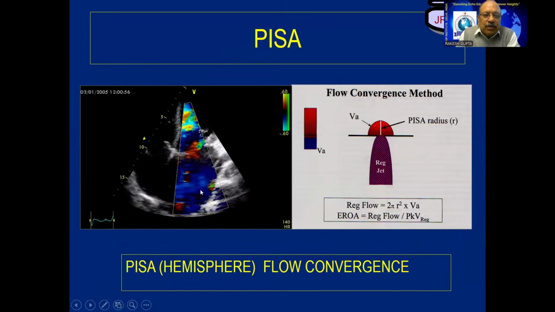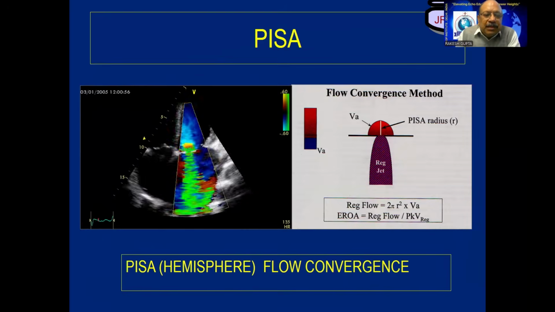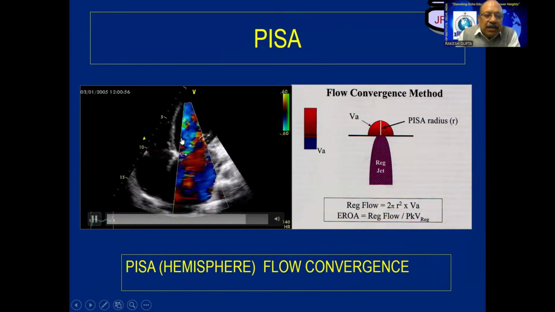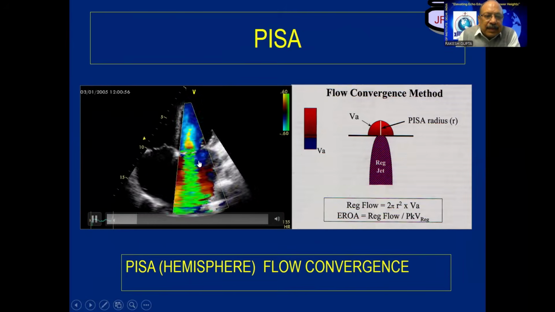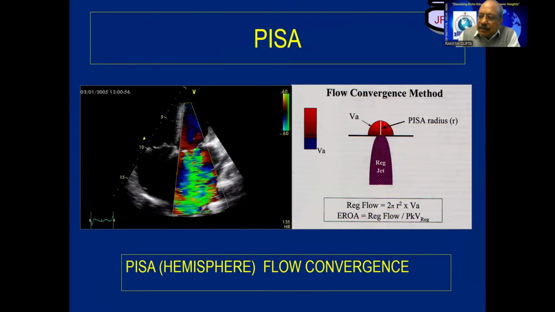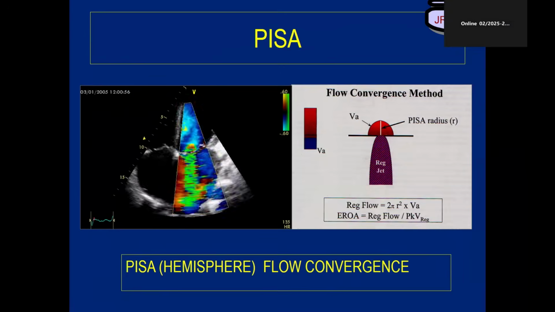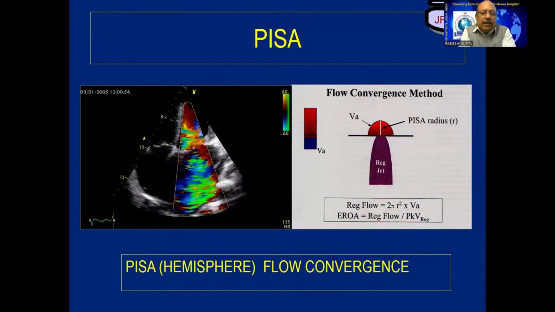I'm trying to show. Yeah, it's working now. Now look at this picture and concentrate over here. What do you see over here? Dr. Rafat, are you there? Yes, sir. So what do you see over here, Dr. Rafat Zahan?